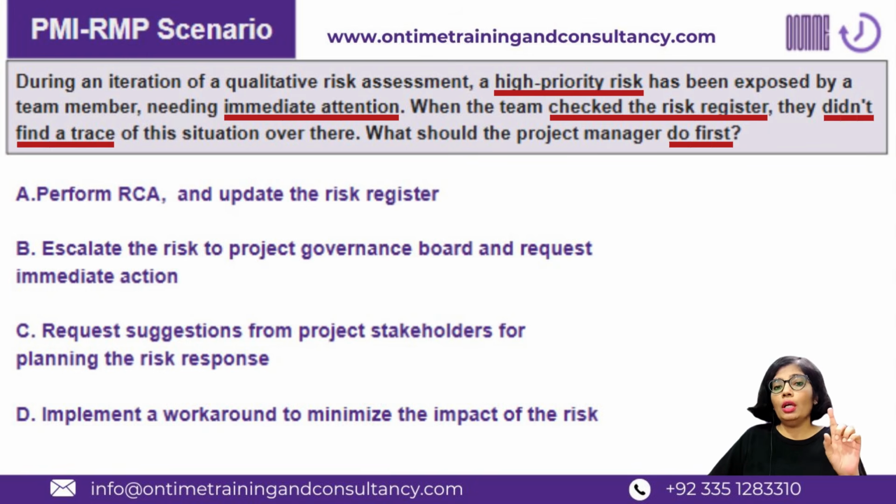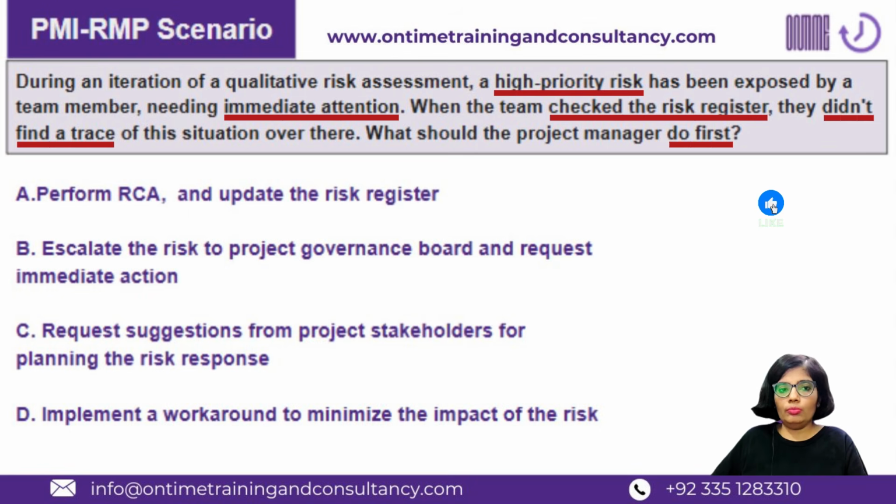So far, so good. Now, when the risk register was checked, there was no instance of that risk available, which means that this risk was never identified before, and accordingly never assessed before. So this risk technically has been identified right now.